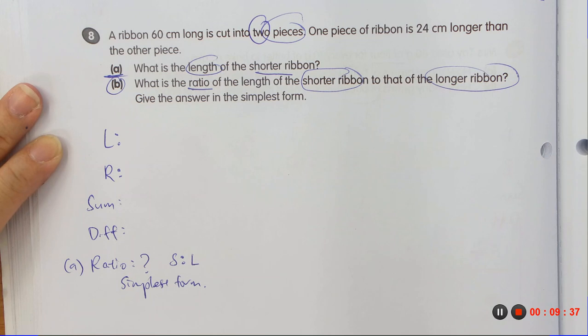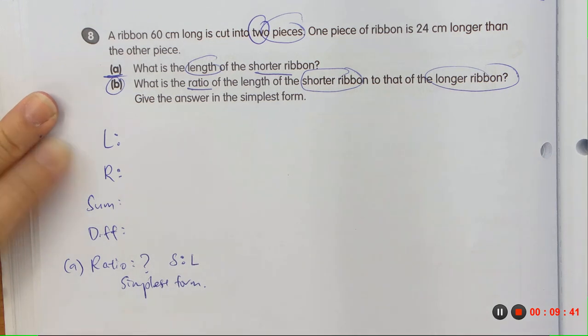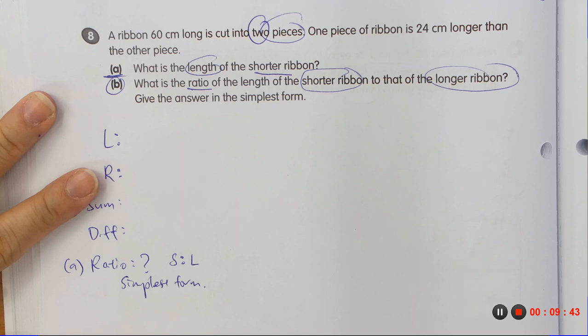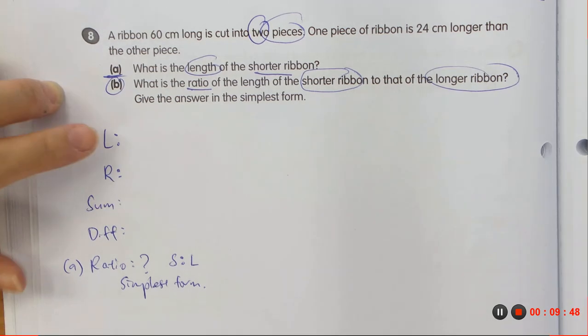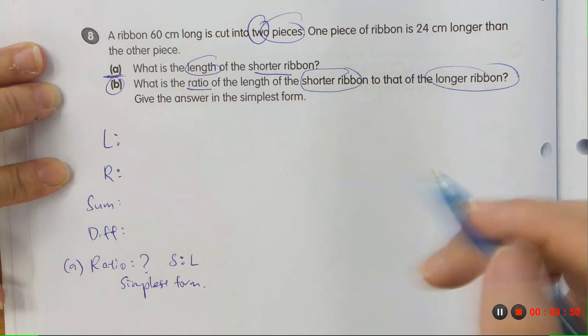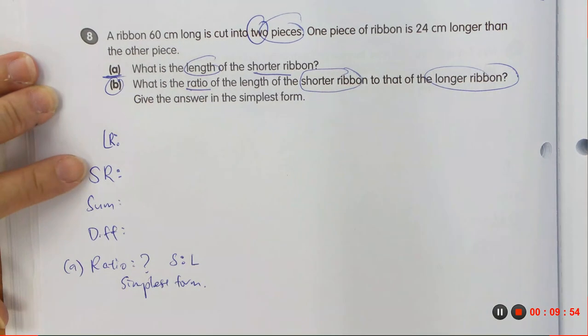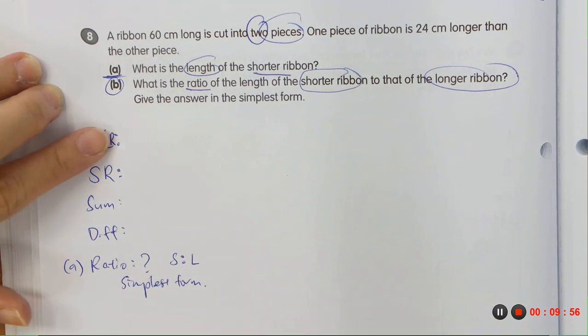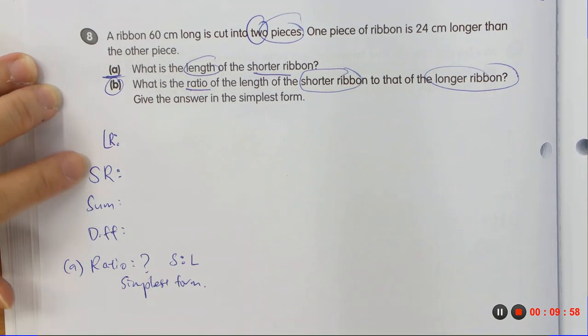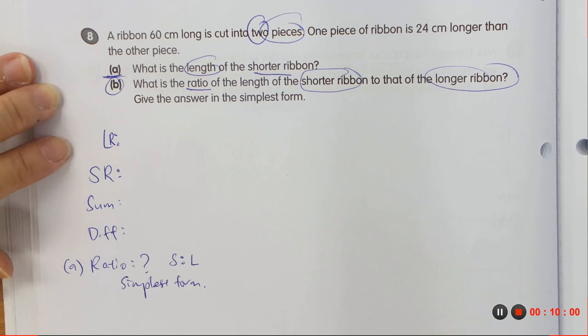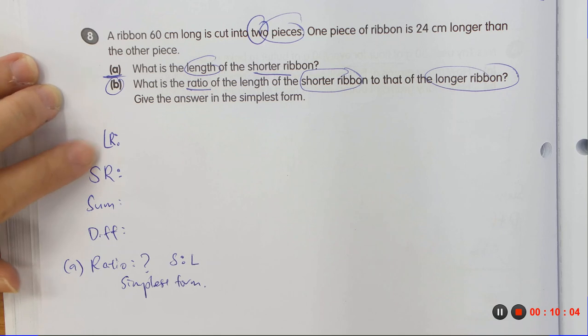Now, here's the part. It gives you a ribbon, 60 centimeter. And then one ribbon is longer than the other piece. So 60 centimeter, is this the longer, the shorter? Sorry, it should be shorter ribbon. Longer ribbon and shorter ribbon, L and S. So, 60, is it longer ribbon, shorter ribbon, sum or difference?